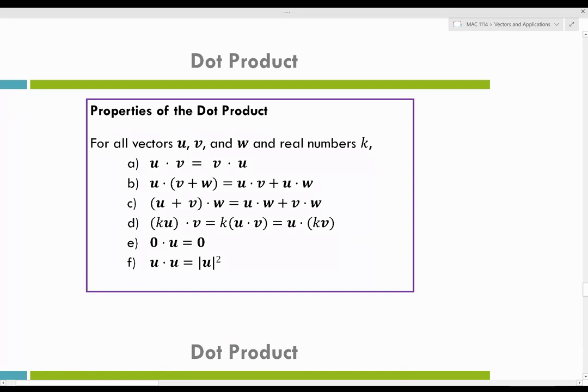For C, it's the same as B, except the order doesn't matter. For D, you can also multiply a vector by a scalar and then do the dot product. For E, if you do the dot product between 0 and a vector, you will get 0. And for F, the dot product between a vector and itself is the magnitude squared.